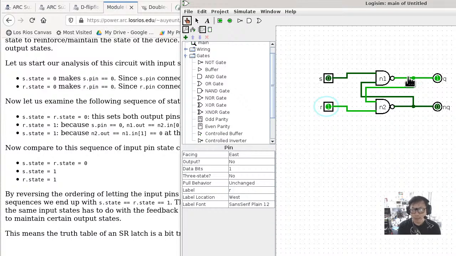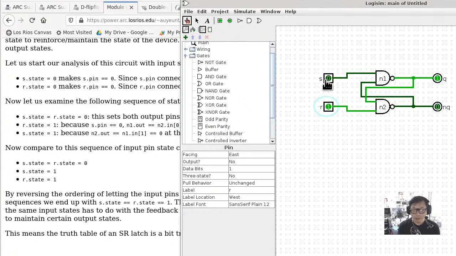In other words, if I click this input pin at this point, Q and NQ will remain unchanged. The only thing that's going to change is this wire will go from dark green, which is a 0, to light green, which is a 1. The rest of the circuit will basically remain exactly the way it is now.